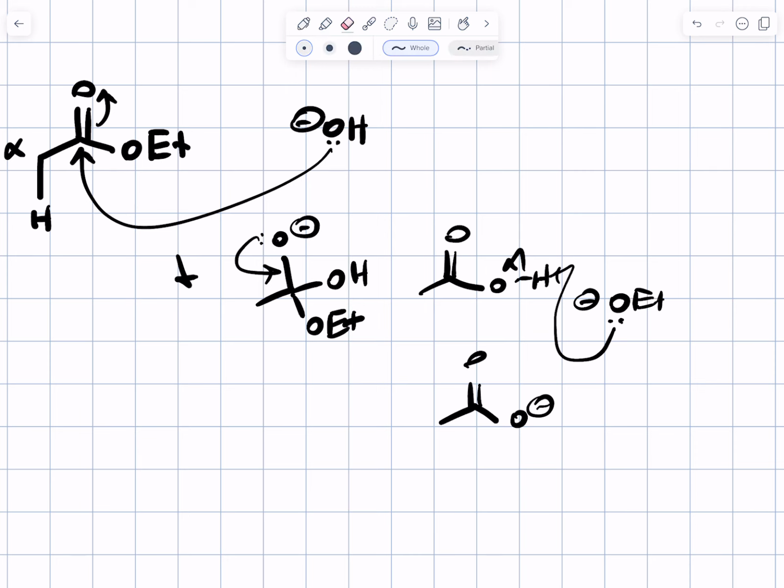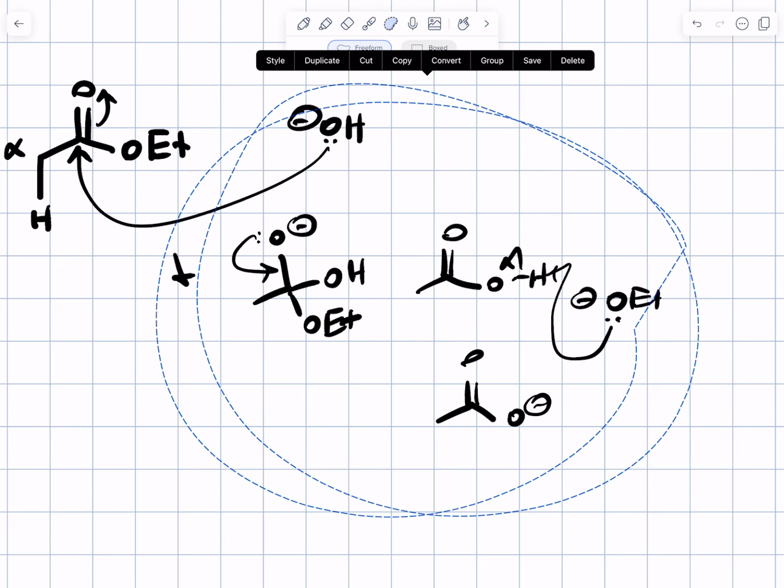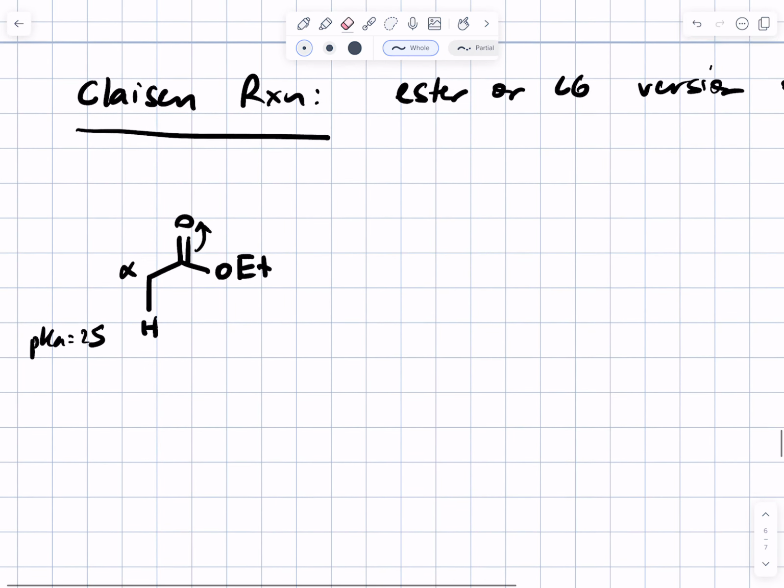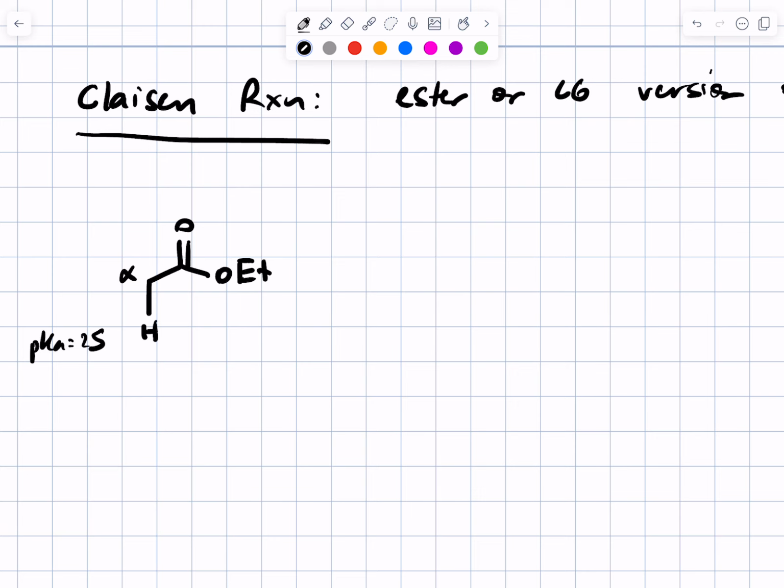So we got a solution for this, and it's as simple as modifying what the base is. If I match the base to the group that's on the ester, that is, if I use this alkoxide base, sodium ethoxide, that will sometimes be written NaOEt. You could also draw it like this.